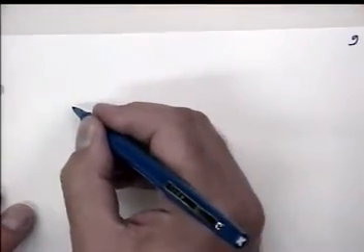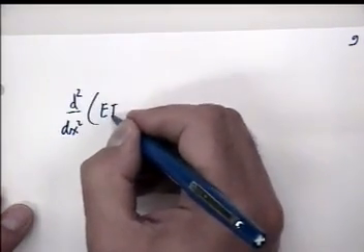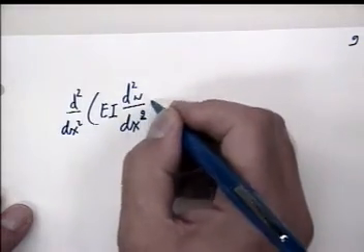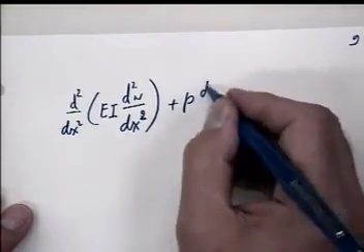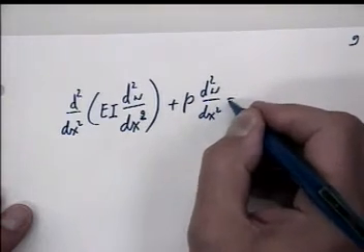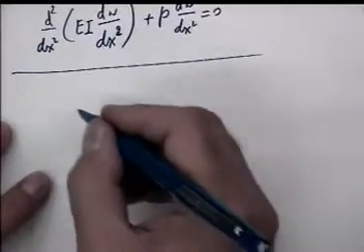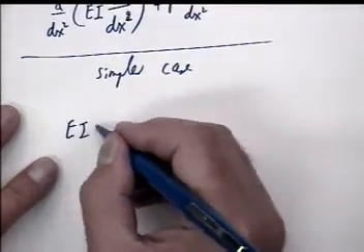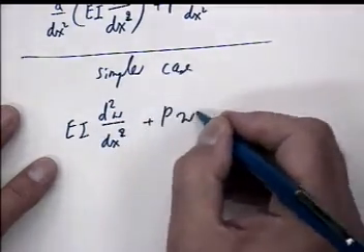So we have this differential equation. d2 dx squared of EI d2w dx squared, oh, actually, it's plus P d2w dx squared equals 0. Or we have a simpler case, because that is simply supported. EI d2w dx squared plus Pw equals 0.